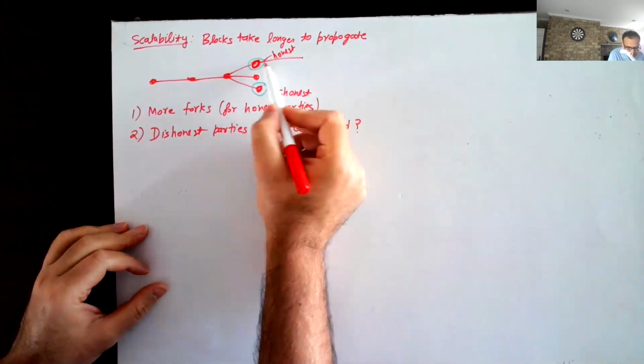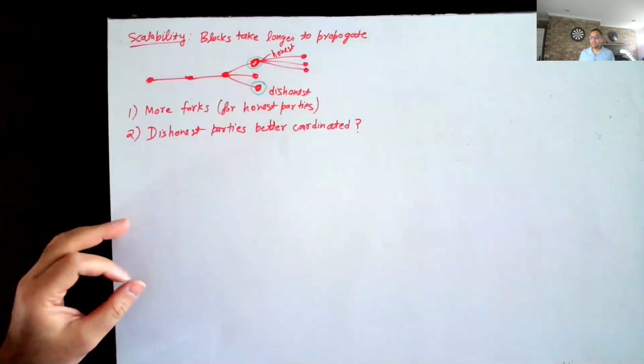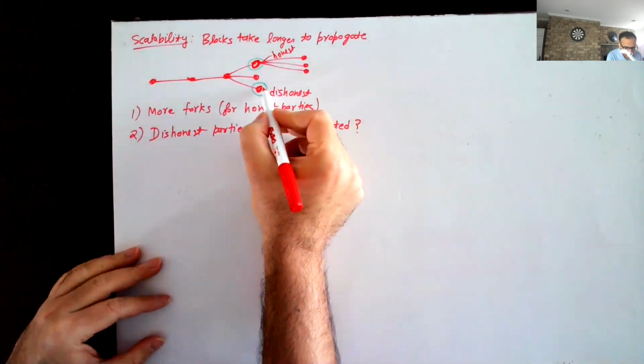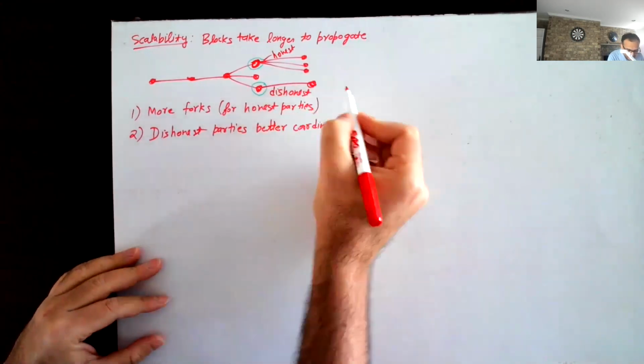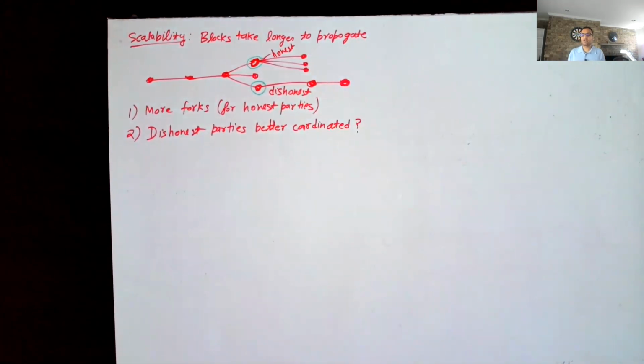But then again, we will see many forks. So essentially, the computation of the honest parties is not so coordinated. On the other hand, if the dishonest parties are able to coordinate their computation better, they can have fewer forks but a longer chain.